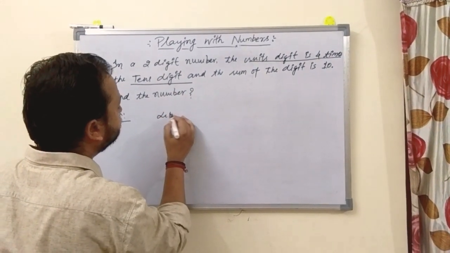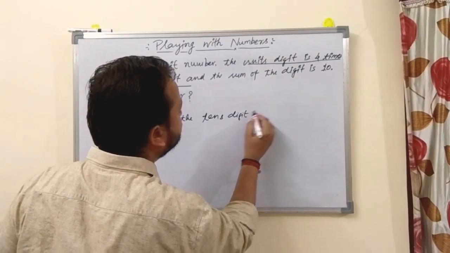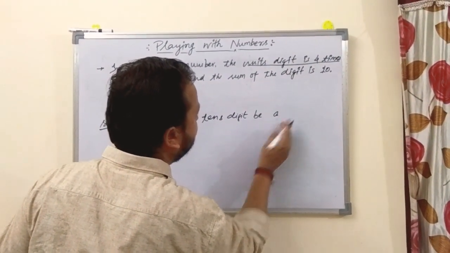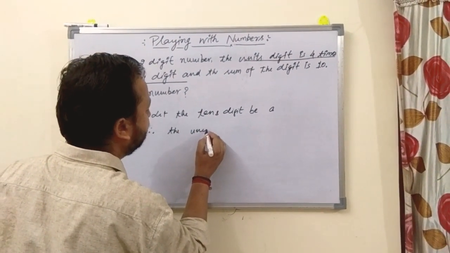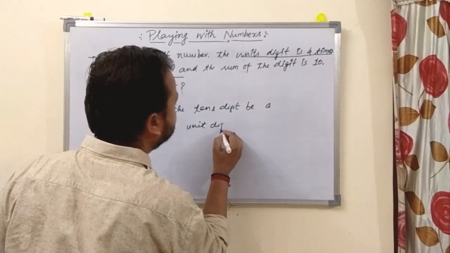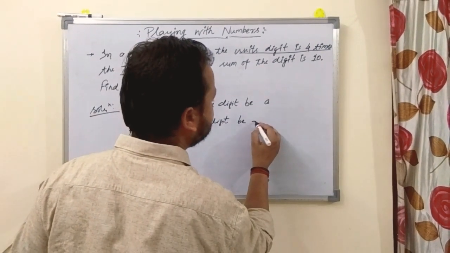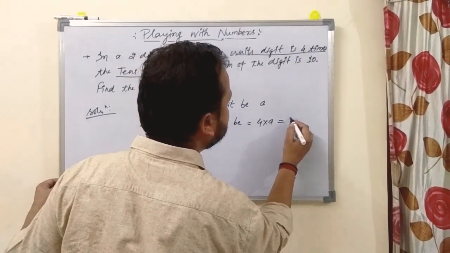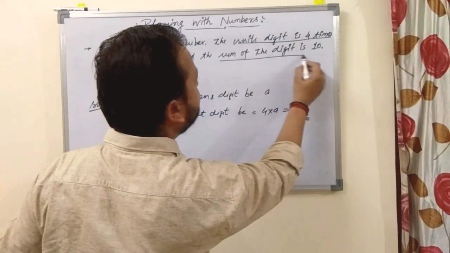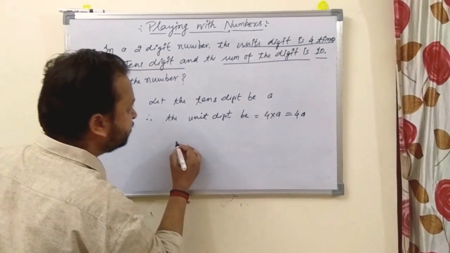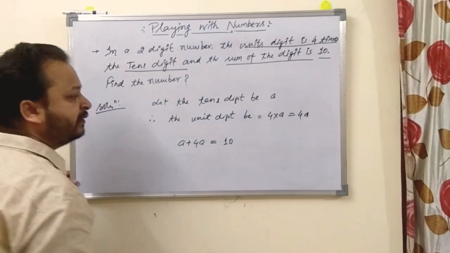So let the tens digit be A. Therefore, the unit digit B is 4 times the tens digit, so 4 multiplied by A means 4A, right?